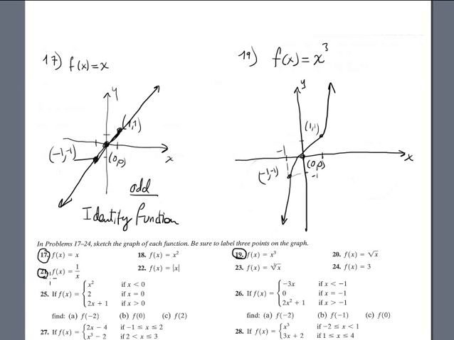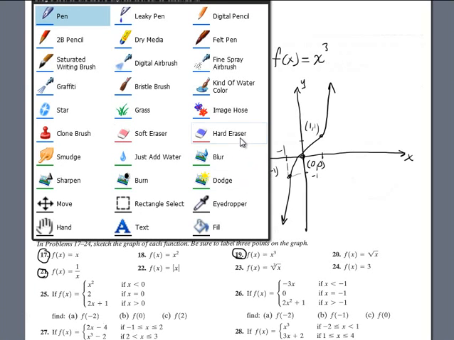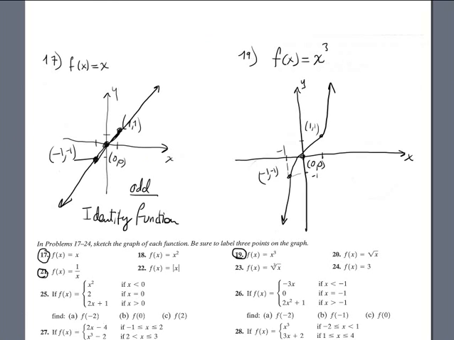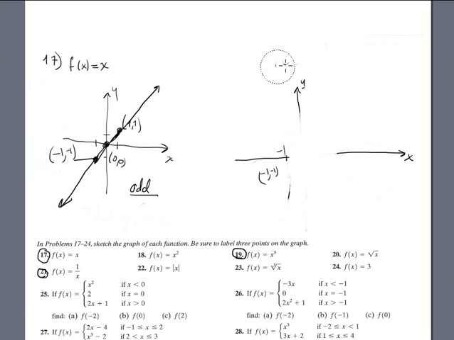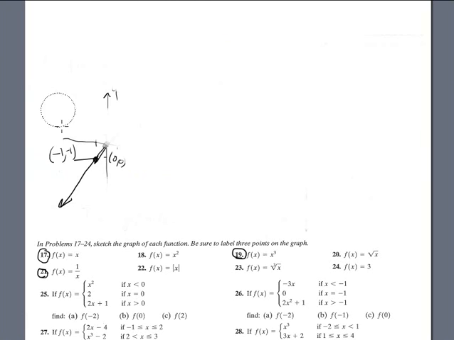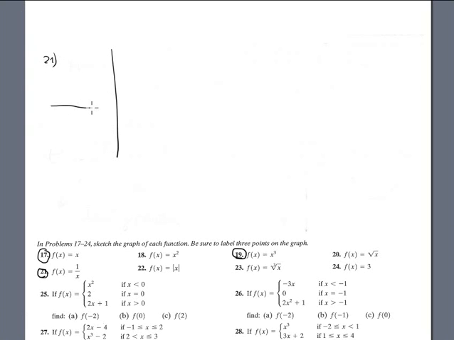21. 21 is a reciprocal function. Let's see, reciprocal function, 21. x, y. One point is (1, 1), because the reciprocal of 1 is 1.